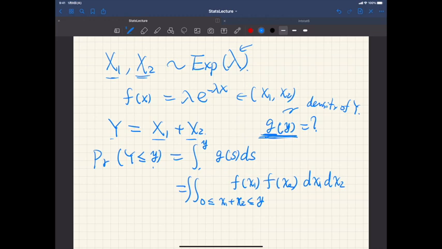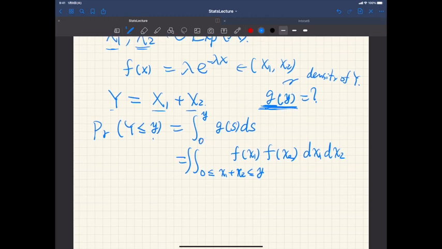Although we integrate y from 0 to y, in this case we split y into the sum of two exponentially distributed random variables. So the density function is just the product of these two, but the range of integration here is this. So we keep this constraint while integrating. How can we do this?